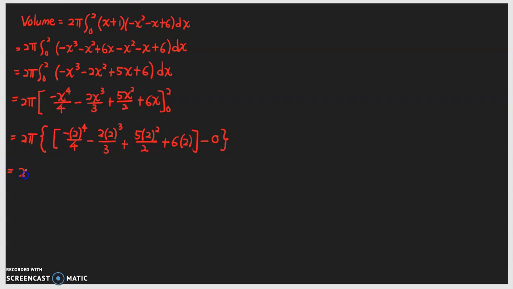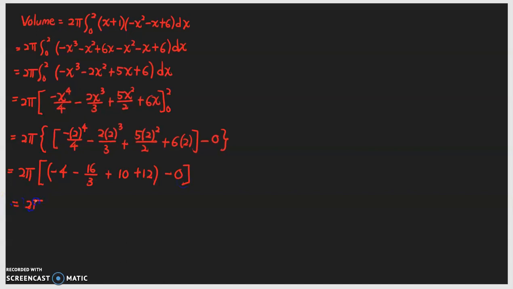So from here, 2 pi. So I try to simplify. From here, 2 to the power 4 divided by 4 will become negative 4, minus 2 times 2 to the power of 3 over 3, so negative 16 over 3, plus 10, plus 12, minus 0.